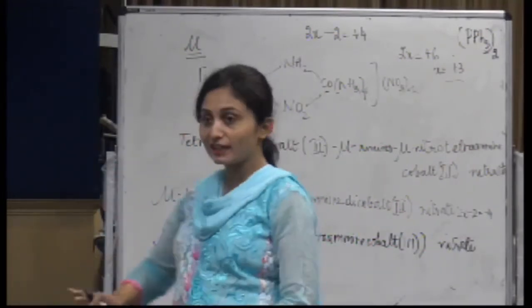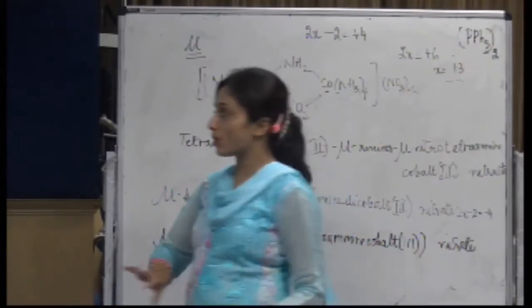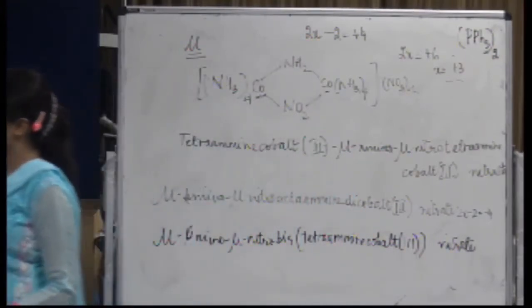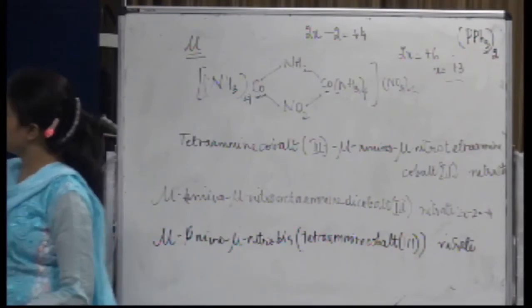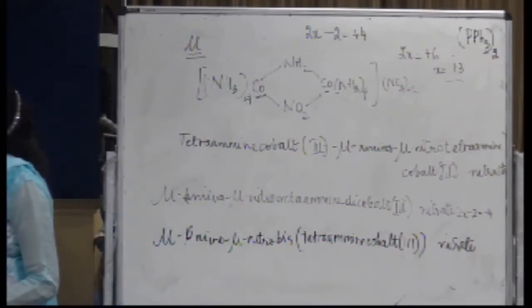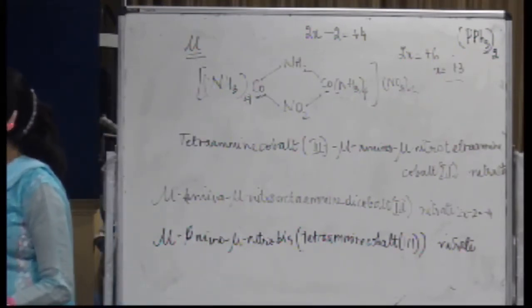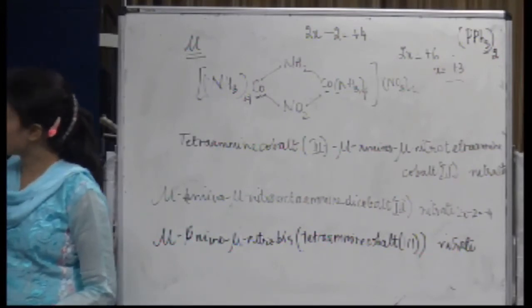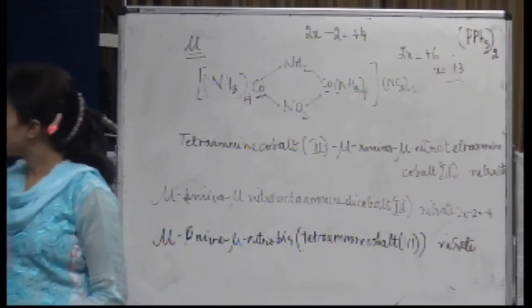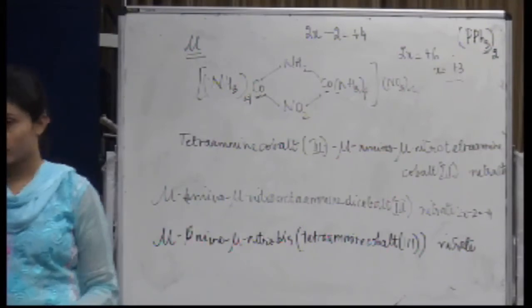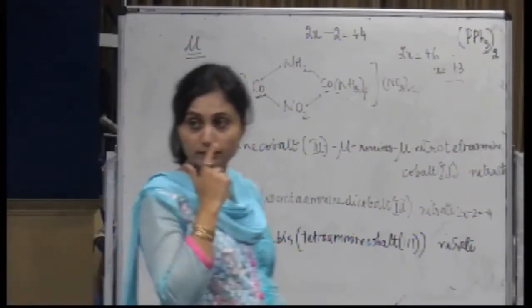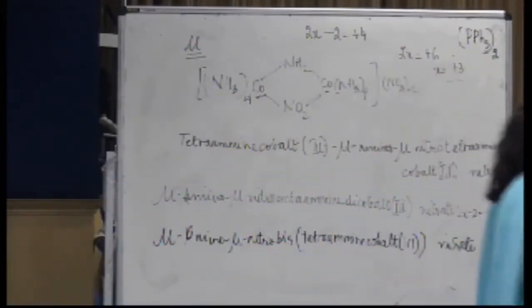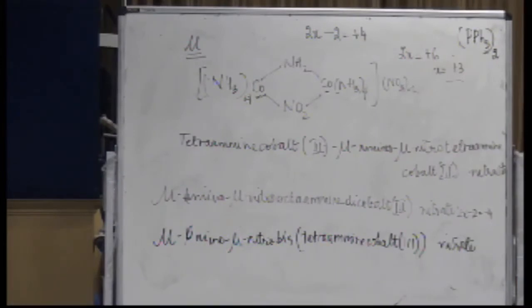Alright, now having done some examples, very simple ones though, you can try out the examples which I have put on the screen here. Just try them out. Name the following complex ions or coordination compounds. Quickly put it on paper.